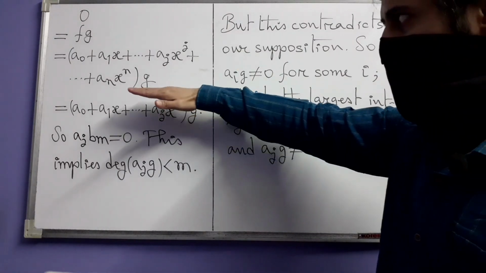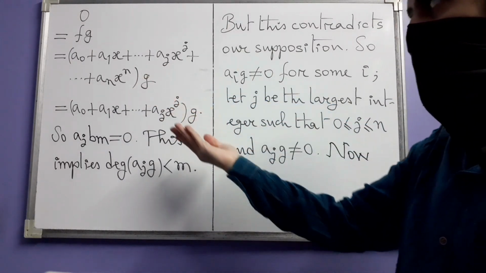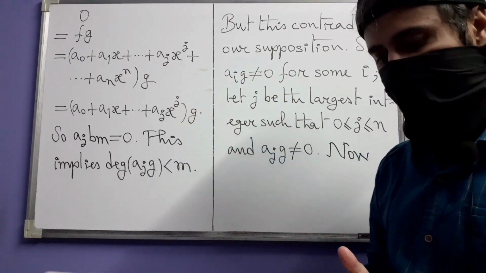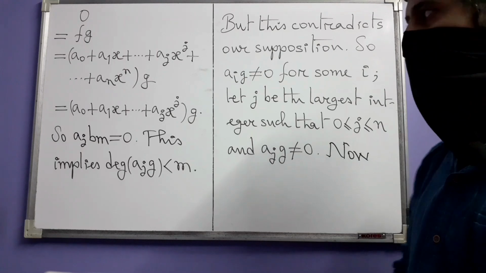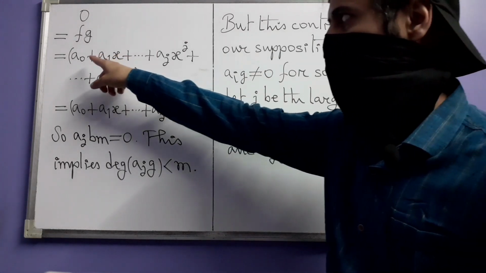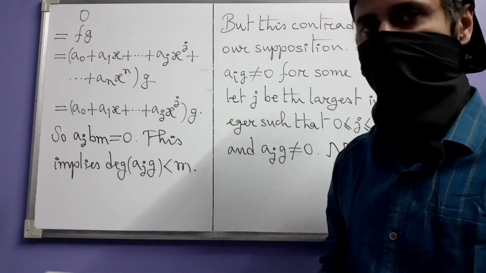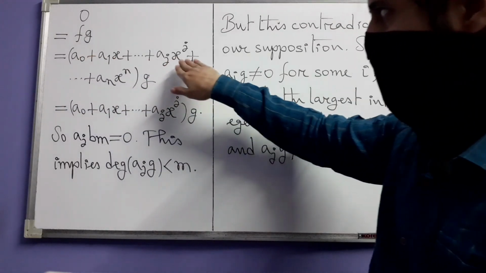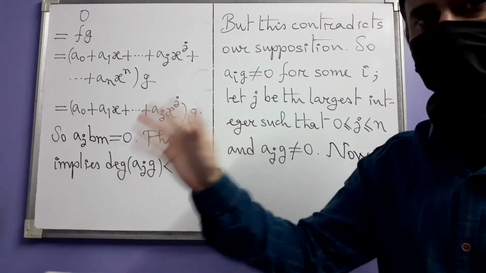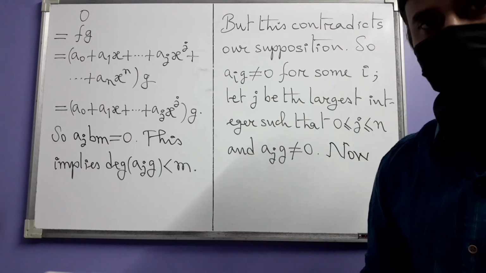Now I haven't written one more step, but you can understand that you can apply the distributive law that is there in our polynomial ring A[x] and multiply all the terms of this polynomial f by the polynomial g, thinking of f itself as a sum of n plus 1 polynomials, and actually it is, right?